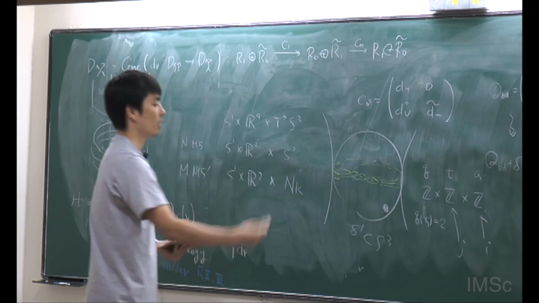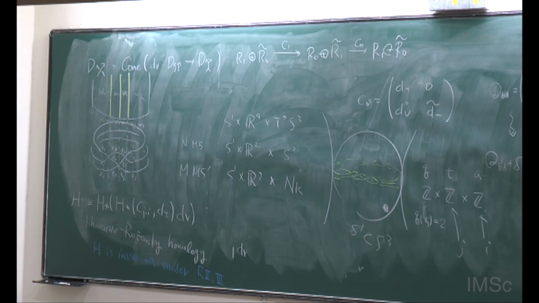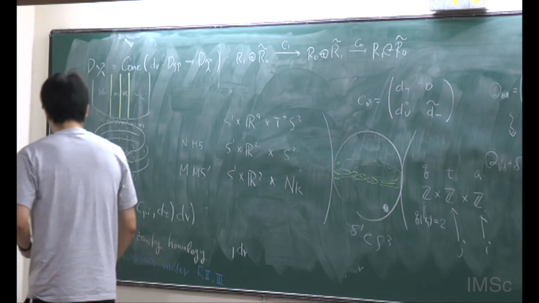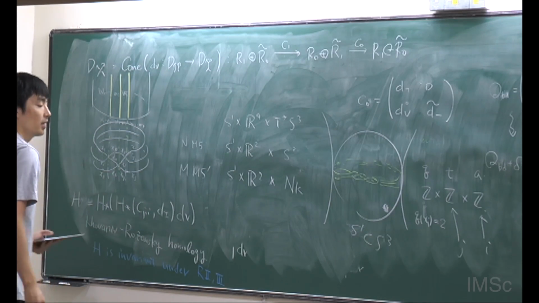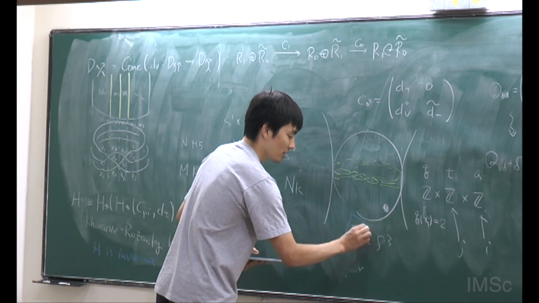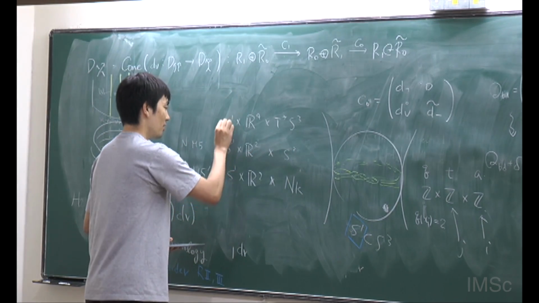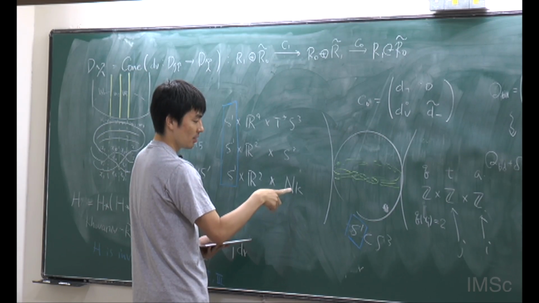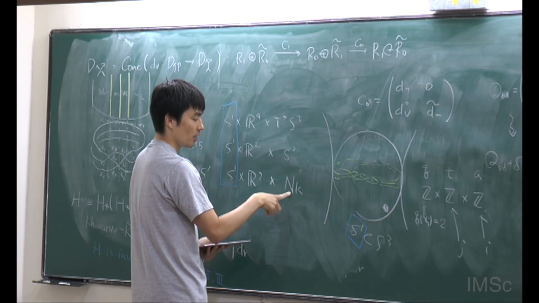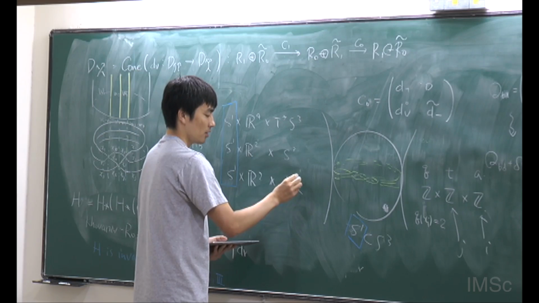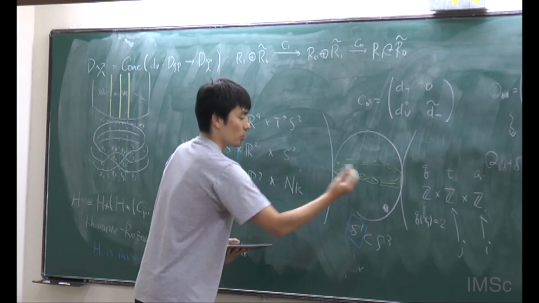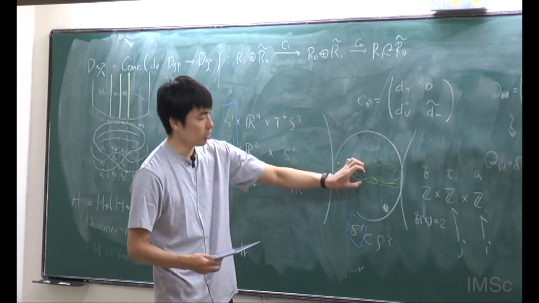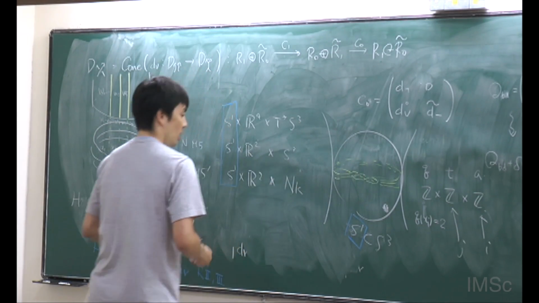What we speculate is that the S1 sits in the intersection between S3 and K. You just squeeze the knot into a thin tube, and it becomes S1.